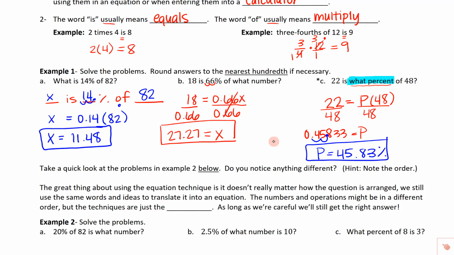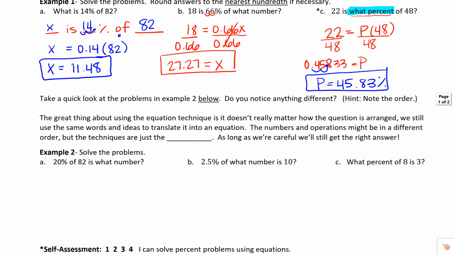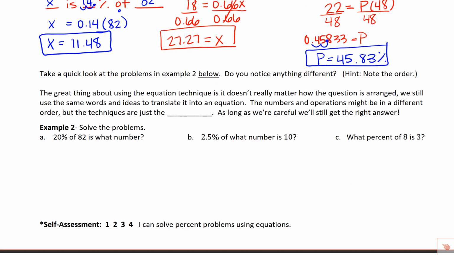Okay. Now, I want you to take a quick look at the problems in example 2 below. So these problems right here. Do you notice anything different? Hint, note the order. The question order is different, but it doesn't change anything.